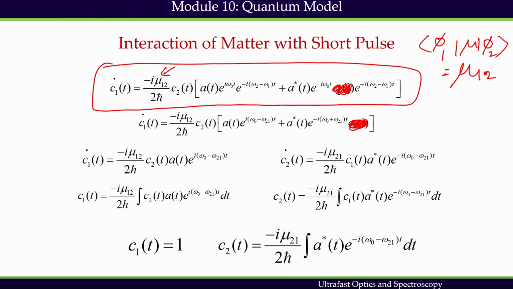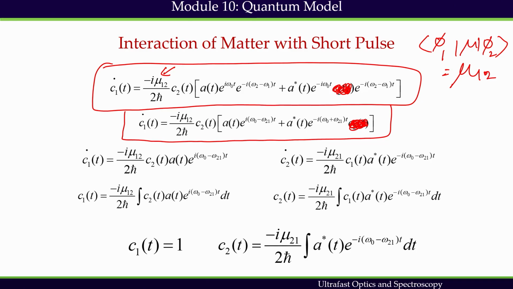Okay. So we get the final expression like this. This is suggesting how the population in the first state is changing due to the interaction of matter with a short pulse.